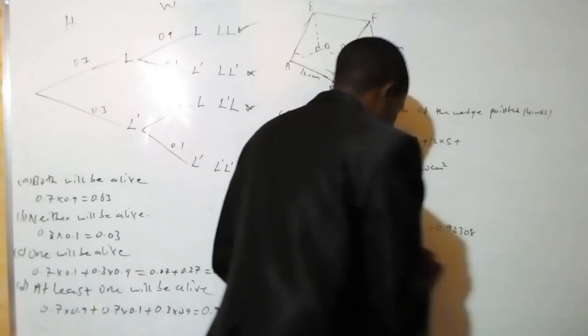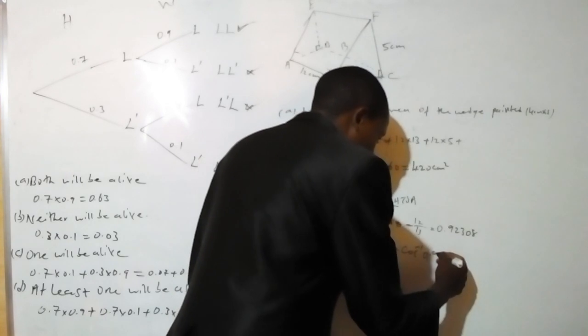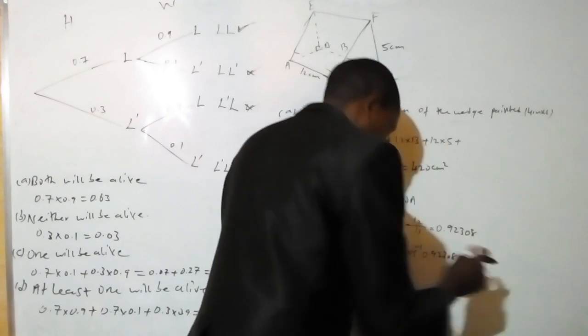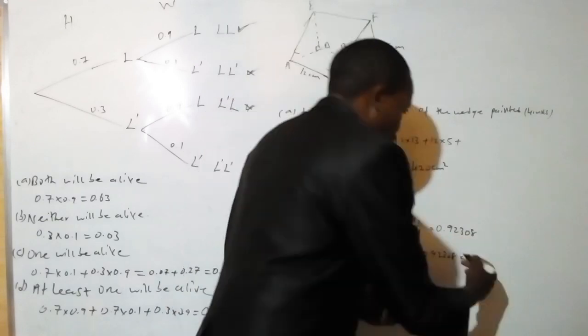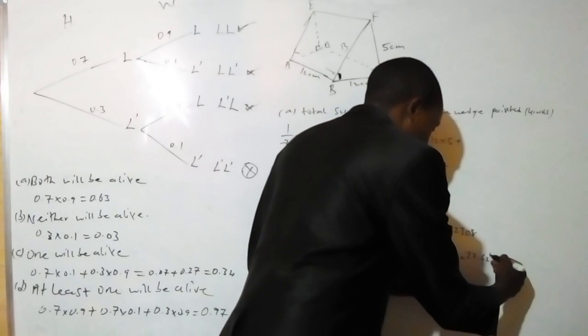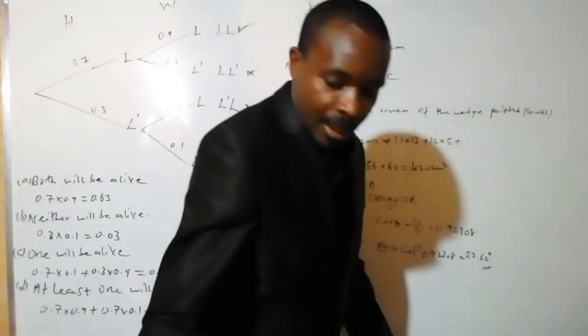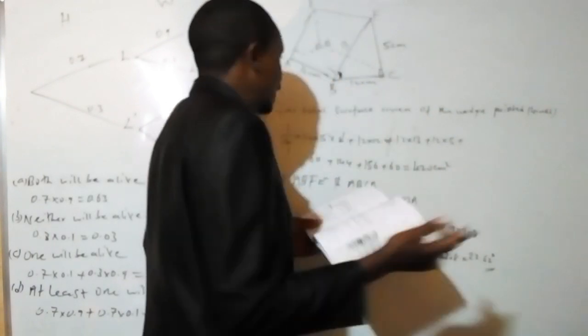Theta is equal to anti-cos 0.92308, and the cosine answer is equal to 22.62 degrees.